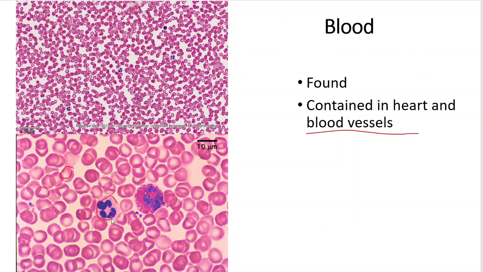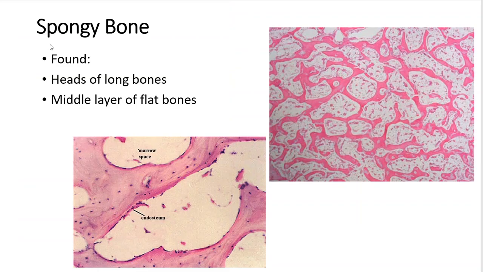You've got the white cells that fight infections. And there are little bitty pieces called platelets. And you can see the white cells here. So this one should be a piece of cake for you guys. You should get this without any trouble. It is so easy. Spongy bone.